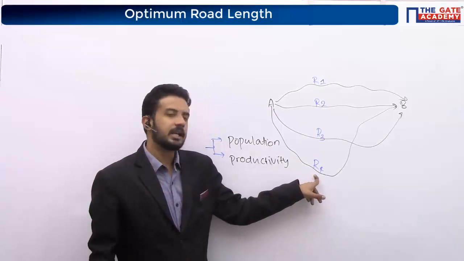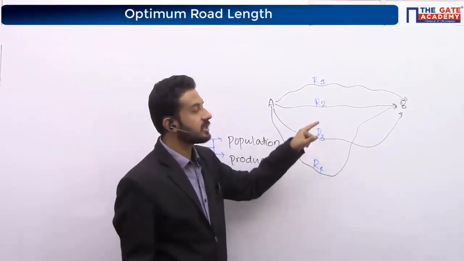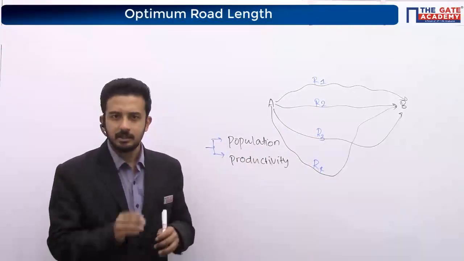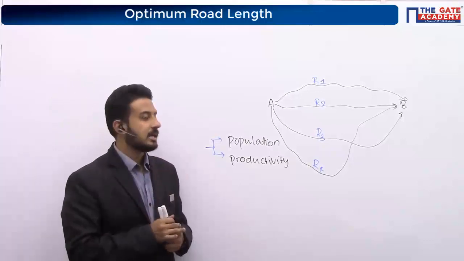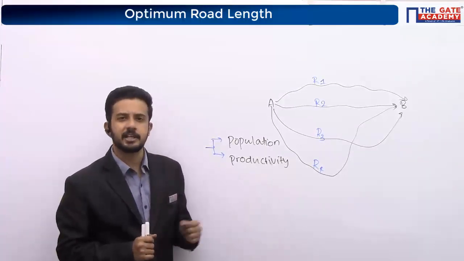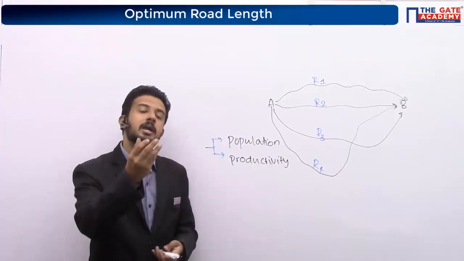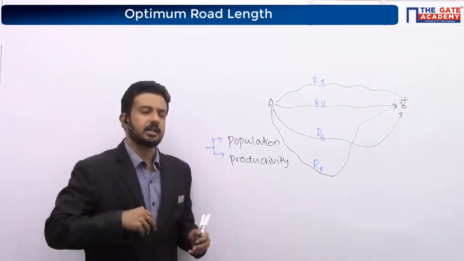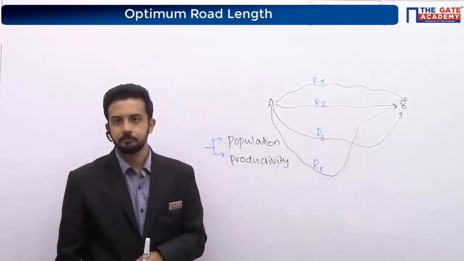To make a road like this, the construction cost is more. But what about this road 2? Maybe the service it is giving is less, since it is very short. The number of people it is serving and the productive area it is serving may be less compared to road 4. But to make a road like road 2, the construction cost will be maybe half of that of road 4. Correct now?